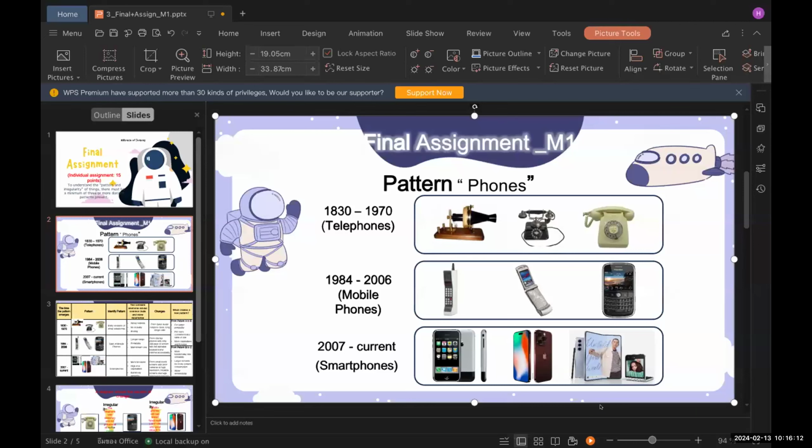Yes. At the bottom to make full screen, I think, or you could.